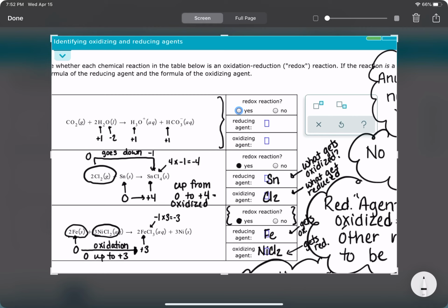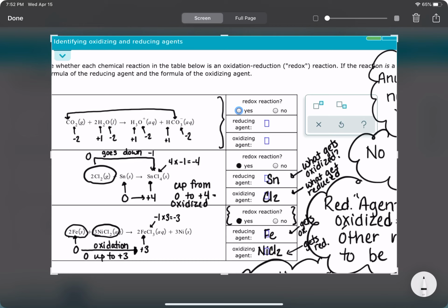It's always going to be a -2 unless we have some sort of weird thing like O2 or O2 2-, which we don't have here. We just have a whole bunch of regular oxygen. So we know that the hydrogens and the oxygens do not have their oxidation numbers change. So that means we need to focus on carbon. Is anything exciting happening to carbon at all? It's our last hope, right?